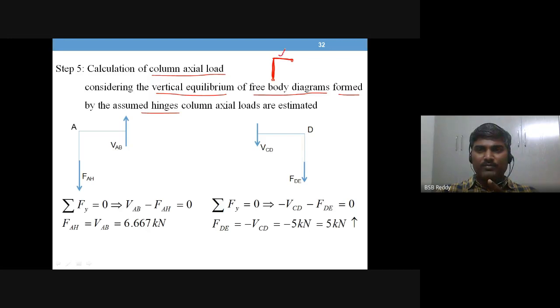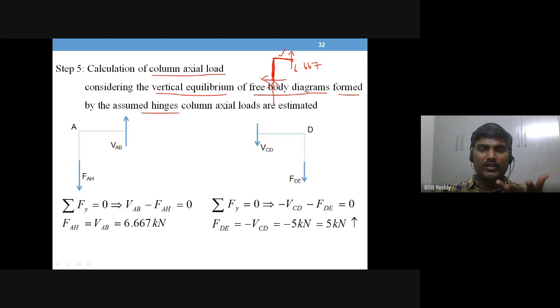This is a beam, so you expect only bending moment and shear. Already shear is calculated, you have a value, 6.667. And here it is a column, so there will be three internal forces. Anyhow, bending moment is 0 because it is a hinge. So one shear and axial load. Shear is already calculated.